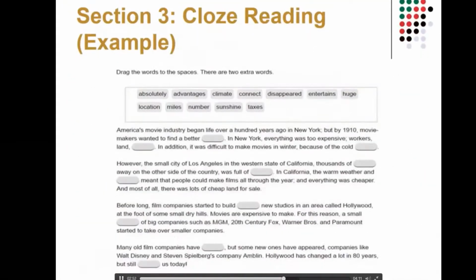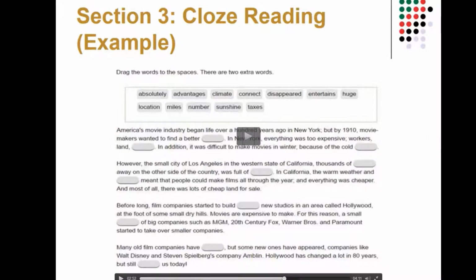Another section is cloze. A cloze is like fill in the gaps. You're going to get a box of words, as you see here, this table of words. Sometimes you have extra words, so the number of words and the number of gaps differ. There are extra words, so you don't have to choose every single word and put it in a gap.